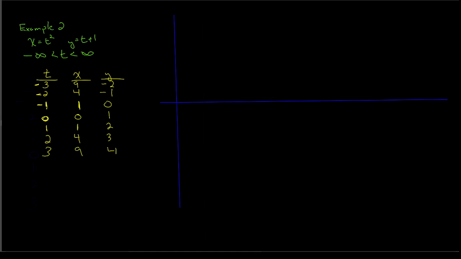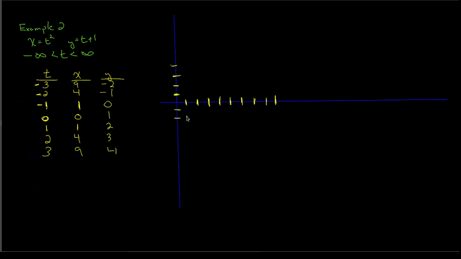And let's see. 1, 2, 3, 4, 5, 6, 7, 8, 9, and we're negative 2, I think. 1, negative 2, 1, 2, 3, 4. So let's plot these points on here nicely for ourselves then.